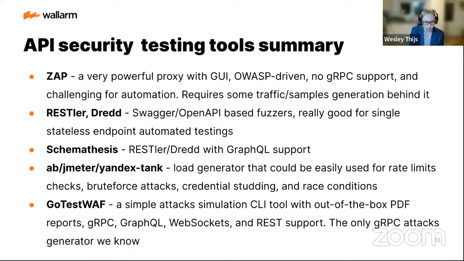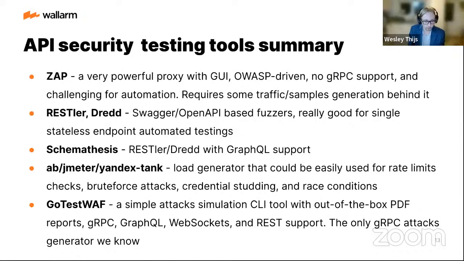Wrestler and Dredd are based on Swagger and OpenAPI. They are fuzzers. They're really good for stateless endpoint automated testing, but that's their specialty. In Schematicus, we see that it's basically Wrestler/Dredd, but with GraphQL support in there.